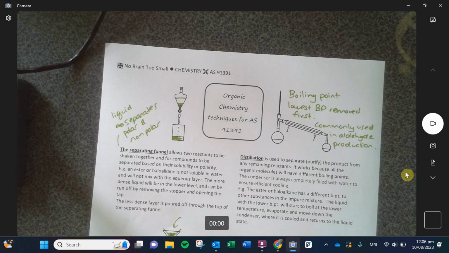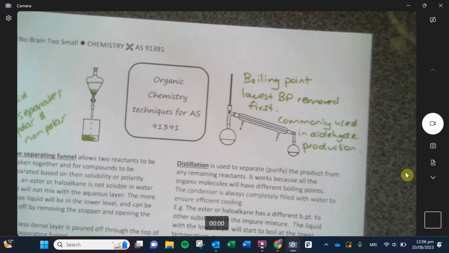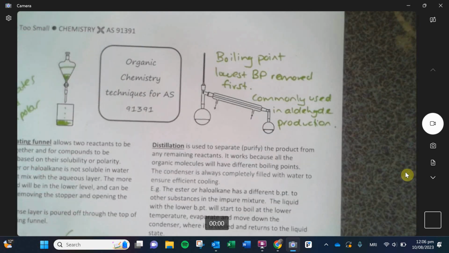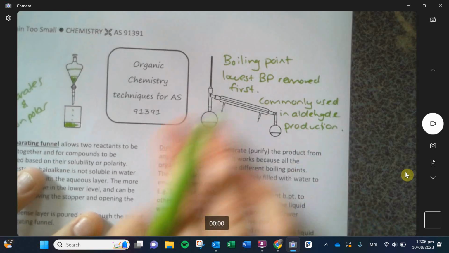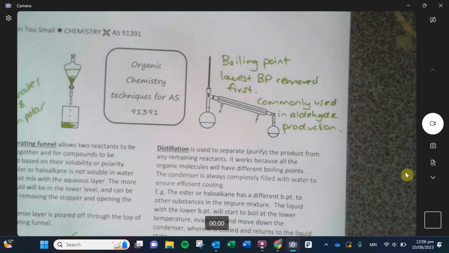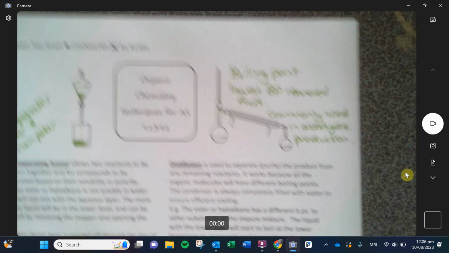Now, some things to keep in mind is that the aldehyde comes off first. It won't come off before the alcohol. So if you remember, in the mixture, we're going to have a primary alcohol and an oxidizing agent, and I only want the aldehyde that's being produced. So this is where the stuff we talked about in the first half comes in.